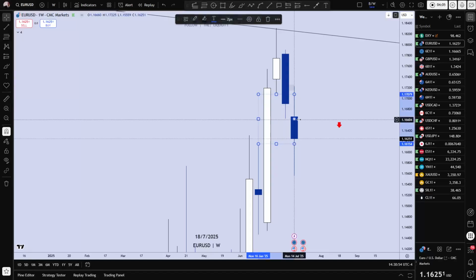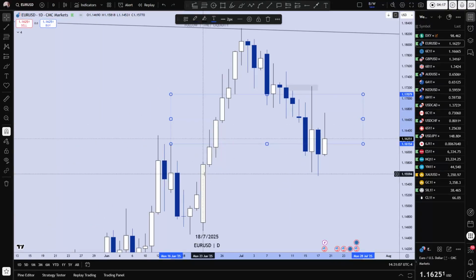We haven't closed on a weekly basis past the bullish fair value gap, but we have on a daily closing basis. We came right back into it, closed again. These are not convincing bearish closes. We'll follow that up on Friday with another bullish close back into the range.